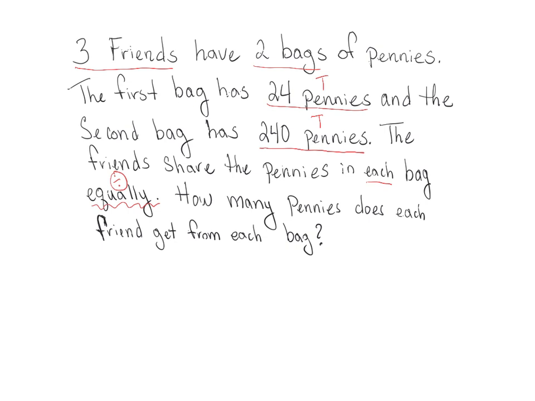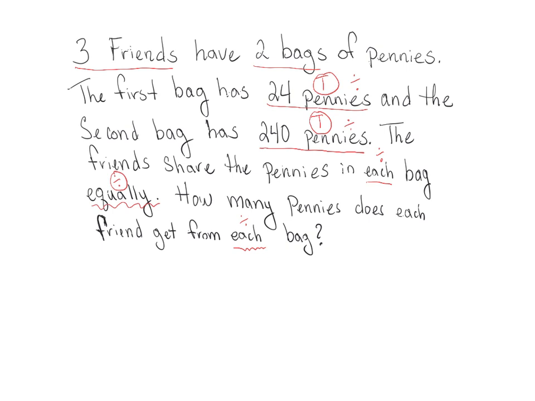And lots of times when they give us a total, that also tells us that we're most likely going to be dividing. These are very magical words in a word problem to show us what operation we're going to be doing. How many pennies does each friend get from each bag? Again, that's a clue word that we're going to be dividing.